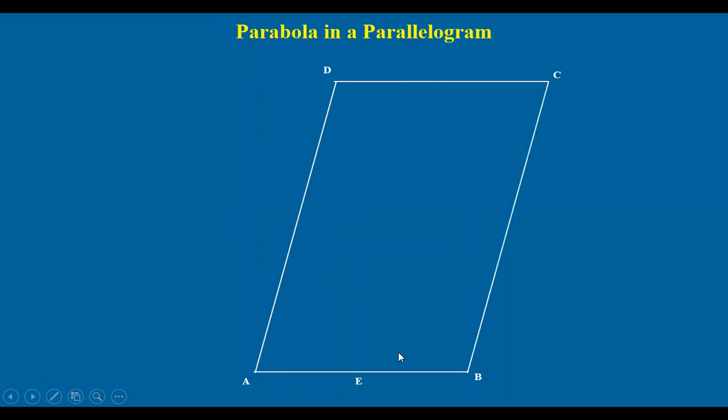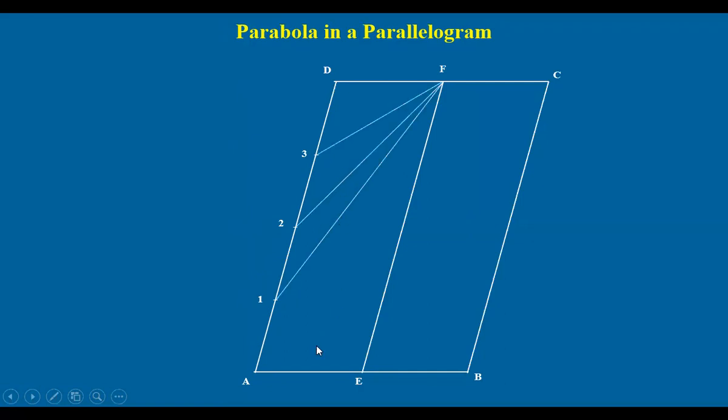Take the midpoints of AB and CD as E and F and join them by a straight line. Now divide AD into a number of equal parts. I have taken 4 parts here. Name them from A: 1, 2, 3. Join F with 1, 2 and 3 like this.